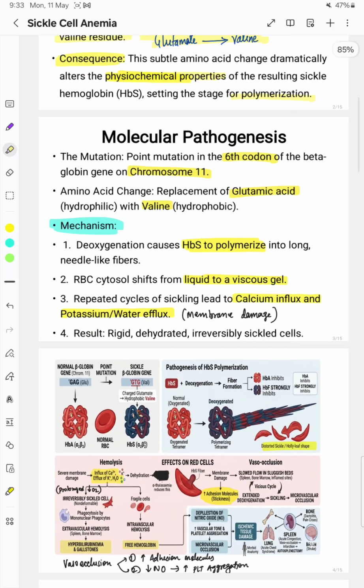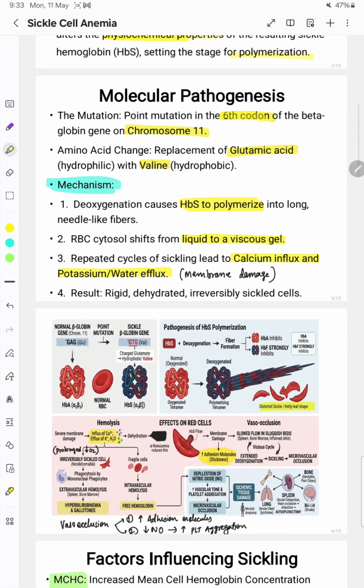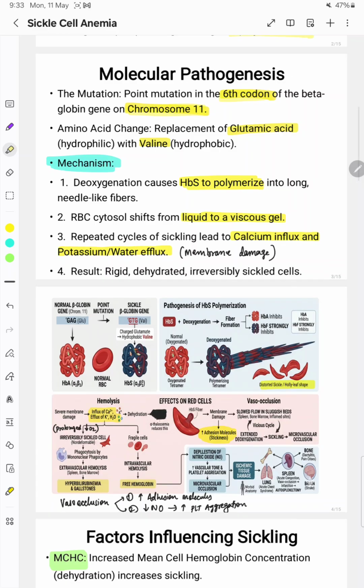In the molecular pathogenesis, the mutation is in the 6th codon of the beta globin gene on chromosome 11, with replacement of glutamic acid with valine.